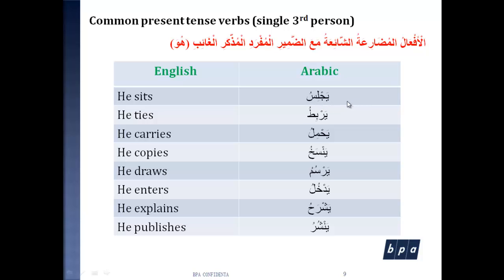I will always indicate the past tense verb ahead of the present, and you would just have to remember what it is from lesson 5. So هو جلس, هو يجلس, he sits.